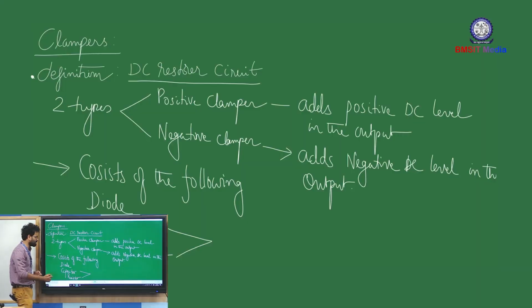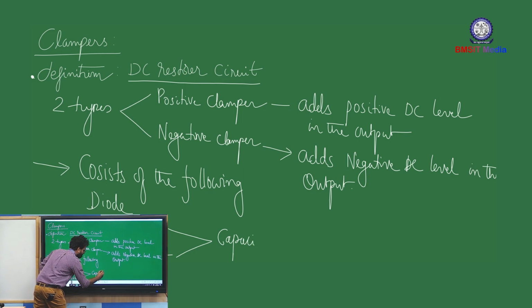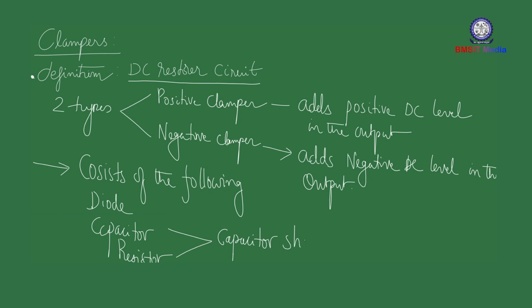That means the capacitor must serve the purpose of a battery. Once it is charged, it should retain that charge. So that's one of the prime requirements of a clamper circuit.